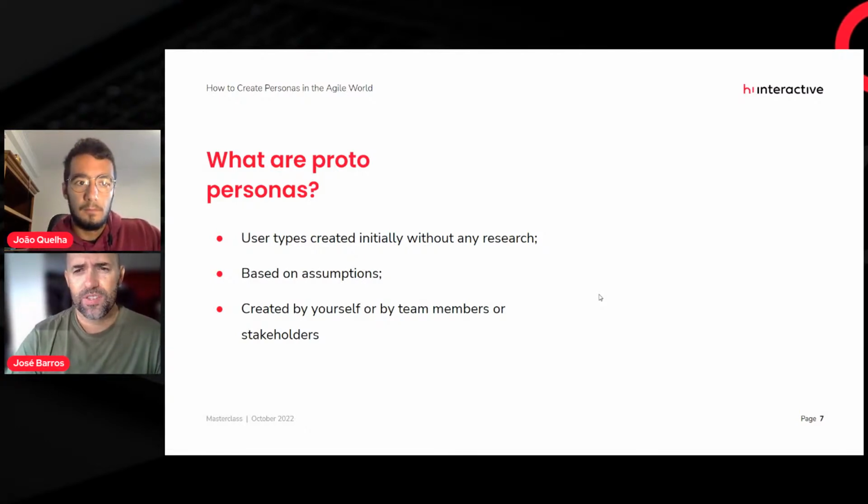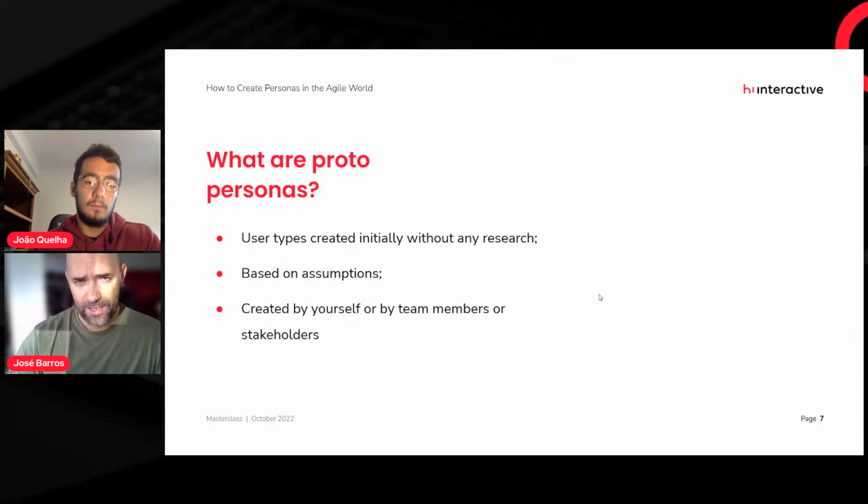Instead of doing all the work before, like the research, doing the interviews, grouping the similarities and creating the personas, we start with assumptions. We start with ideas of who the person is, what their needs are, and what their goals and frustrations are.